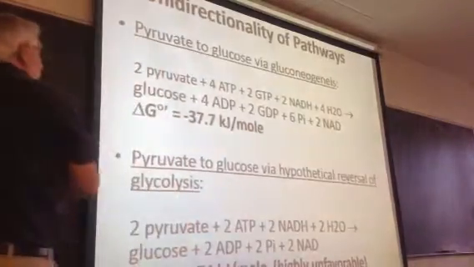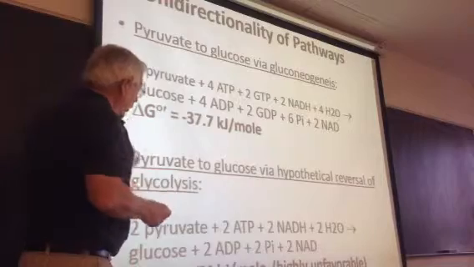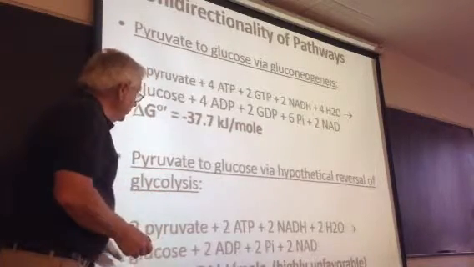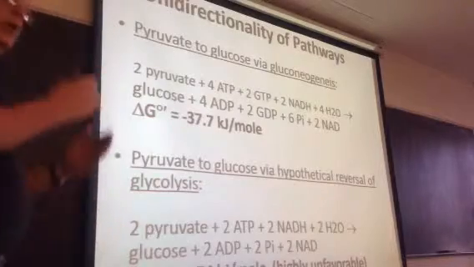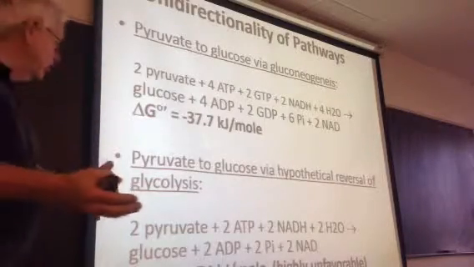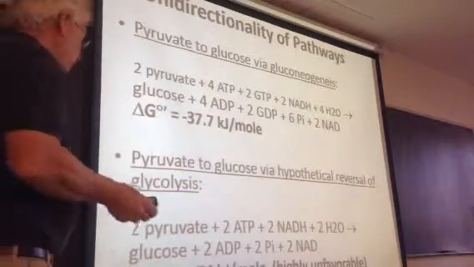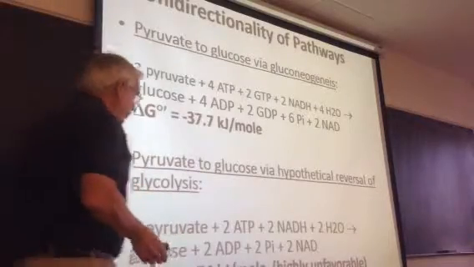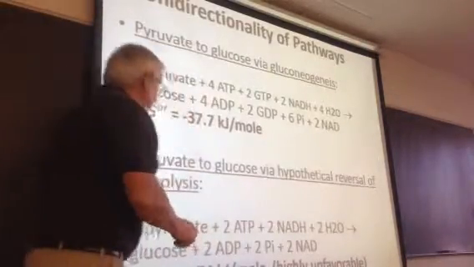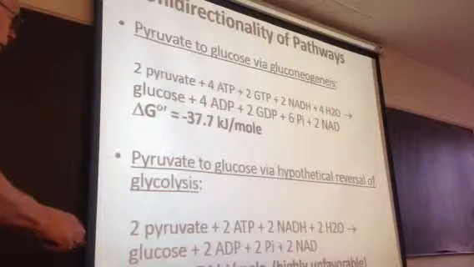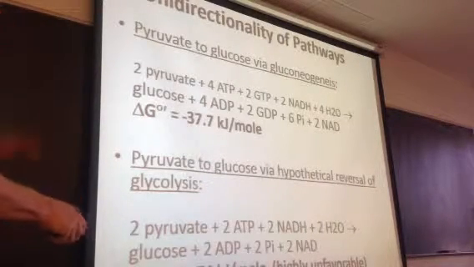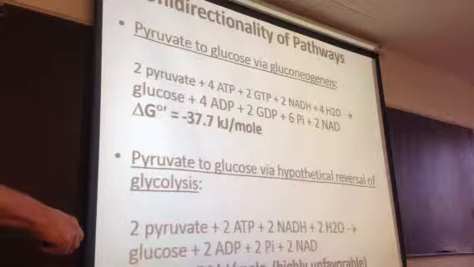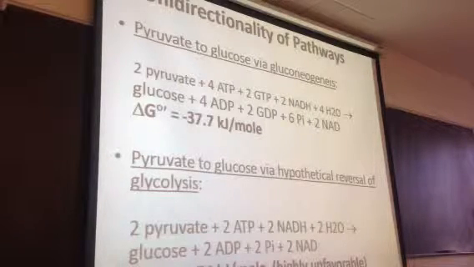That's very favorable. If you were trying to push glycolysis backwards, those numbers would be different, because we know we only make 2 ATP in glycolysis, so if you try and reverse it, you'd be spending 2 ATPs to convert pyruvate to glucose. On paper, you could write it out that way, but the thermodynamics would be positive 74.